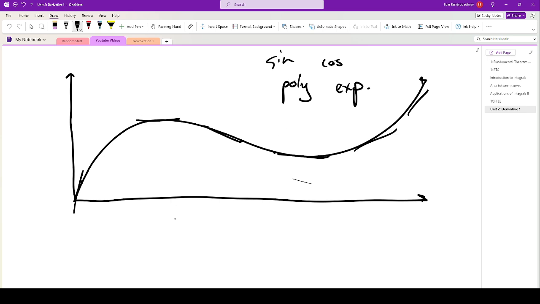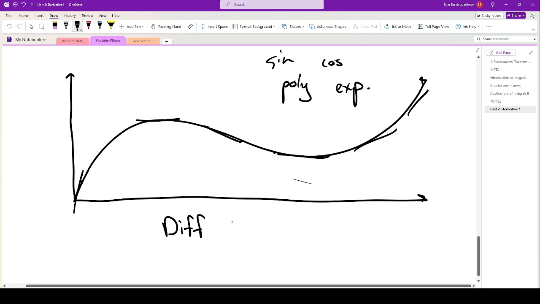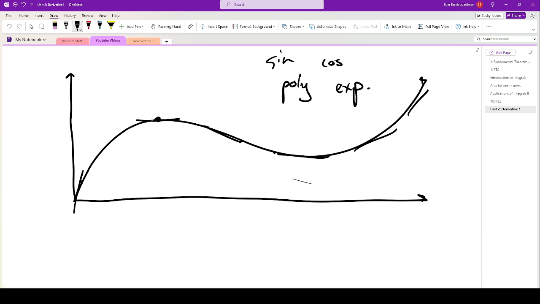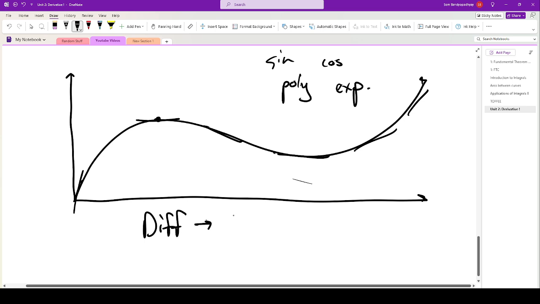And the other thing to note is that if you can take the derivative at any point, that means the value must exist at that point and around that point. And that turns out to be the exact definition for continuity. So if something is differentiable, that implies continuity.